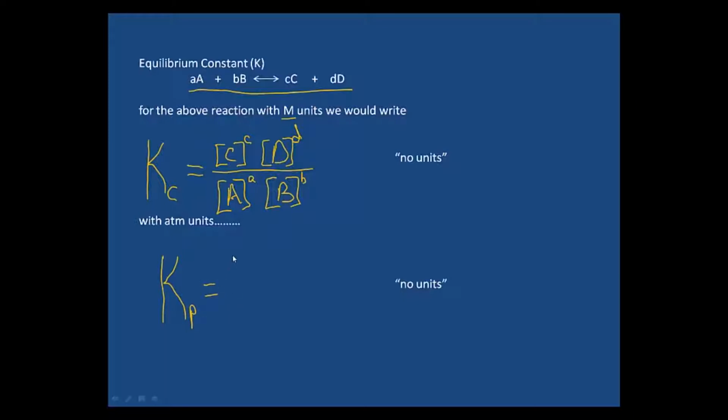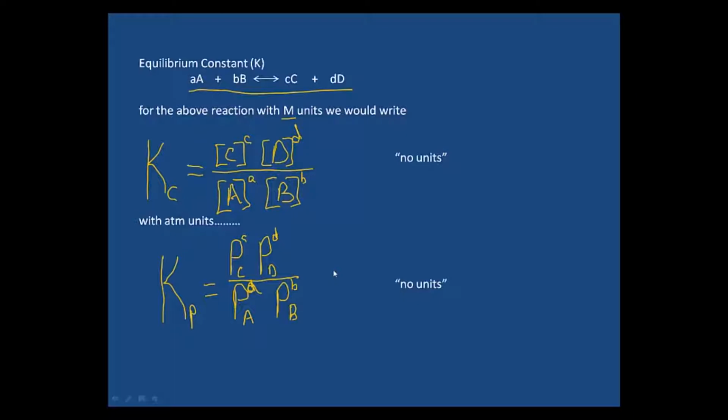If our reaction is shown above, we would take the partial pressure of C raised to the little c, times the partial pressure of D in the mixture raised to its coefficient, and divide that by the product of the partial pressure of A and the partial pressure of B. Again, if we're in terms of atmospheres, we still wouldn't include the units when we write our equilibrium constant.